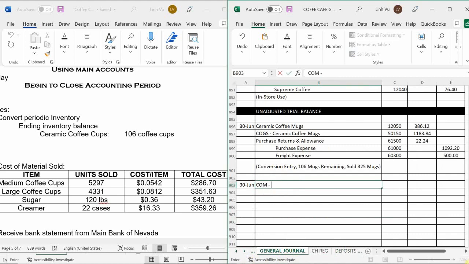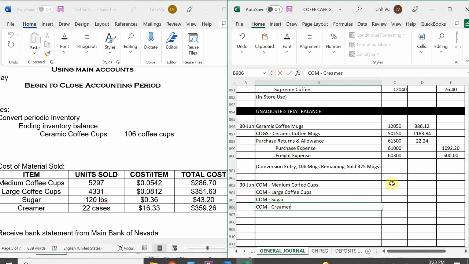So COM medium coffee cups. Okay, COM large coffee cups. You got your COM sugar. And you got your COM creamer. Might as well just do all of them at once.